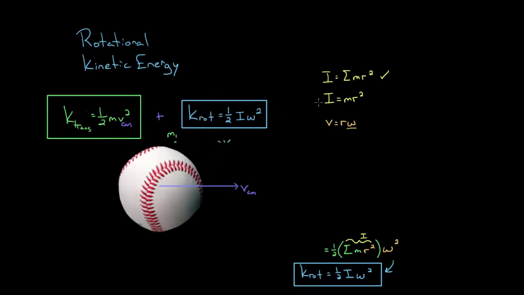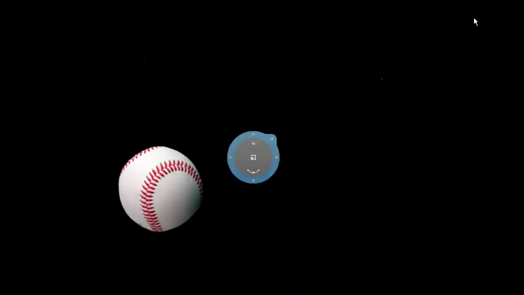So what would an example of this be? Let's say someone pitched this baseball, and the radar gun shows that it was hurled through the air at 40 meters per second. So it's heading toward home plate at 40 meters per second. The center of mass of this baseball is going 40 meters per second toward home plate.